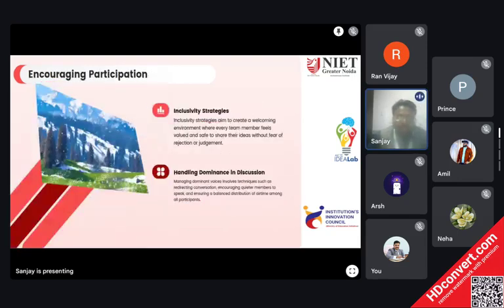Okay, so encouraging participants is also part of problem solving as well as ideation. Inclusivity is important, as I have already explained many times.